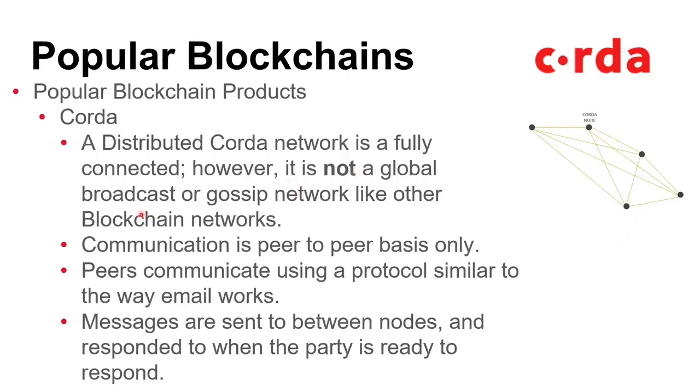So it is not a global broadcast or gossip network. It's peer-to-peer only, and peers communicate using a protocol similar to the way email works, with messages sent between nodes. So in Corda, not all nodes are the same. Just like with Hyperledger, there are different types of nodes on a Corda network.